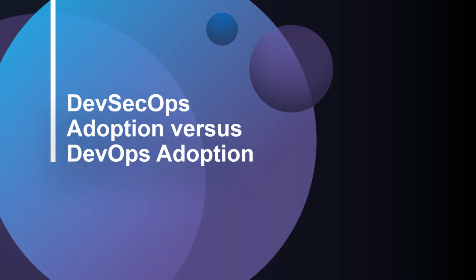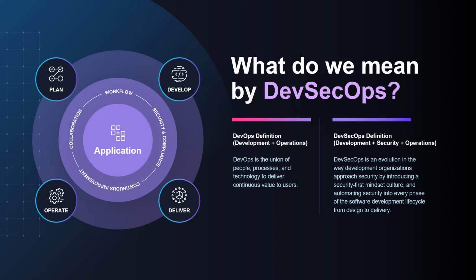First, it's important to understand the differences between adopting DevOps and DevSecOps. You may be familiar with how DevOps and collaboration between developers and operations led to faster software delivery. DevOps combines people, processes, and technology to deliver continuous value to users.